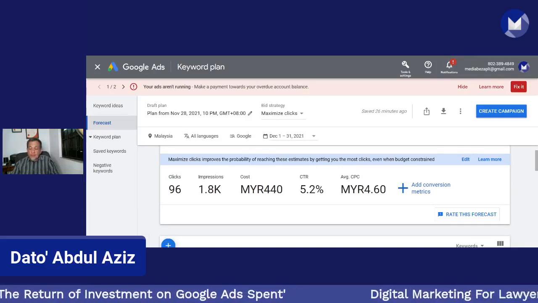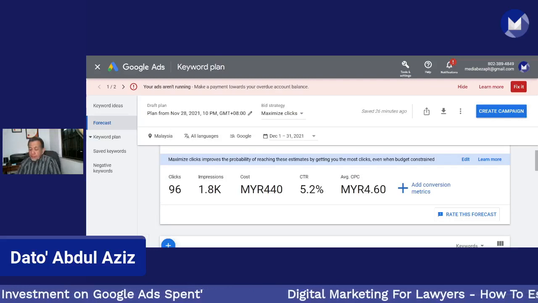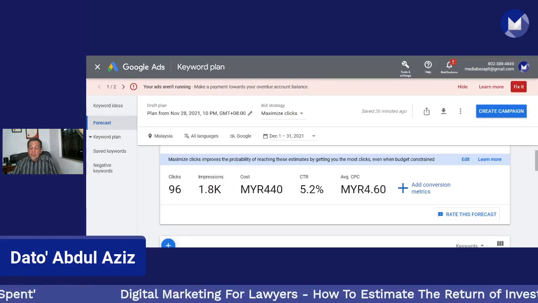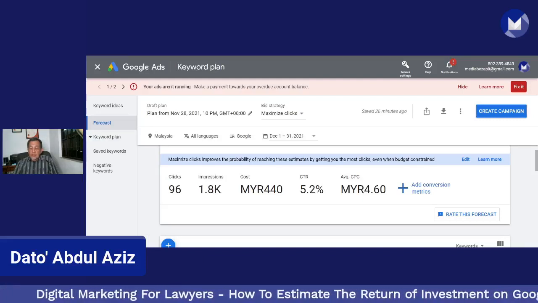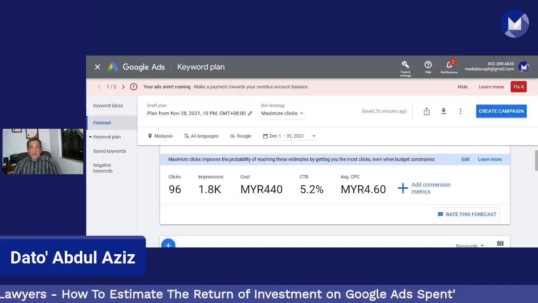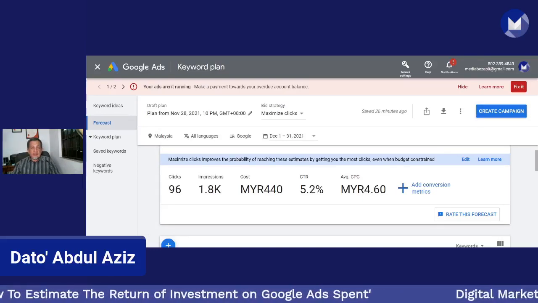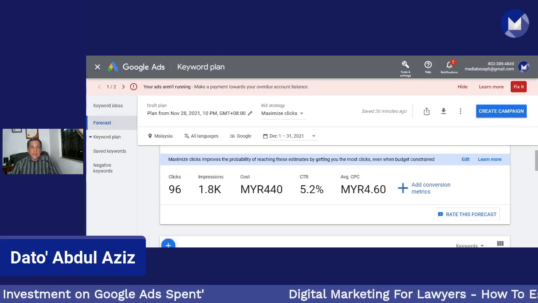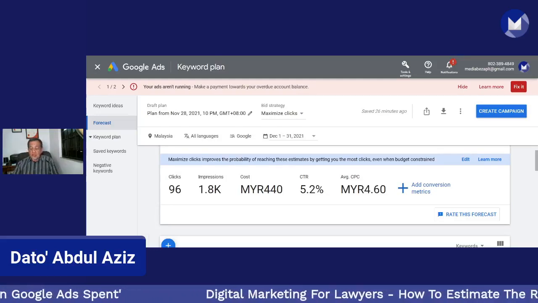So if you look at 217 clicks, and you use a 7% estimate of conversion rate, we are looking at about 15 conversions occurring from this particular campaign of spending 1,000 ringgit.